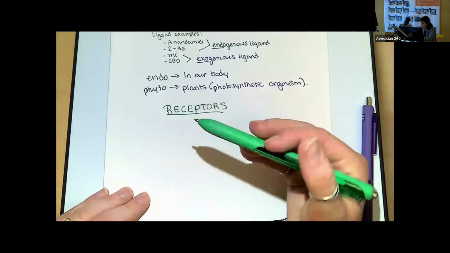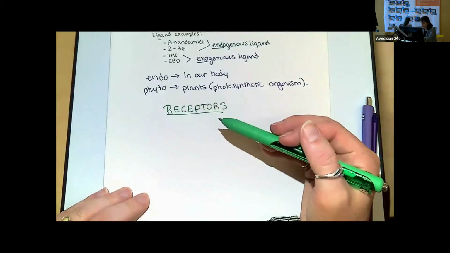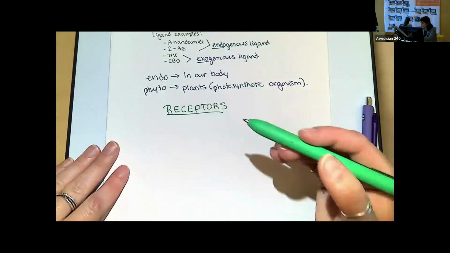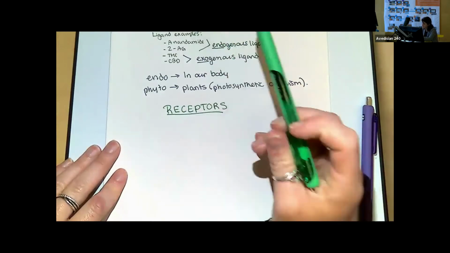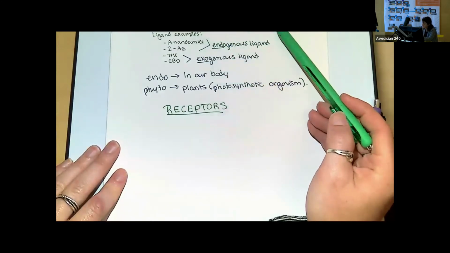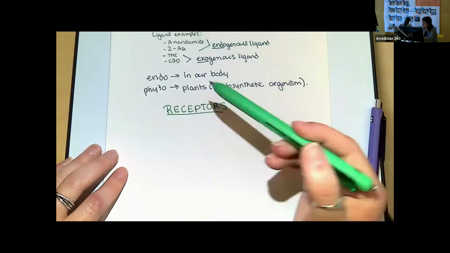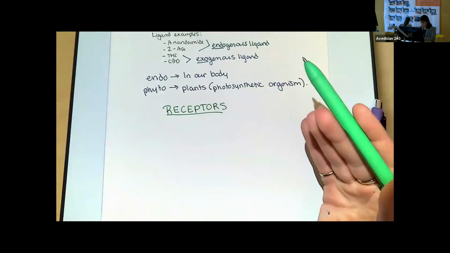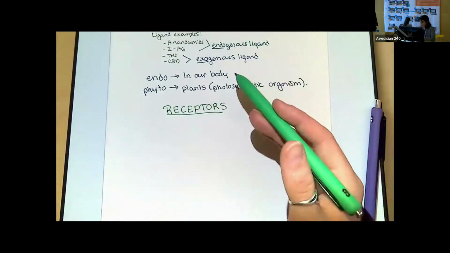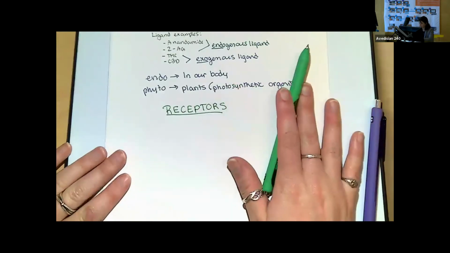All right, so the next topic in the endocannabinoid system I'd like to talk about is receptors. So ligands activate receptors. So again, our small molecule is going to bind to some special part in our body where it's going to cause a downstream effect. We have so many different kinds of receptors in our body.